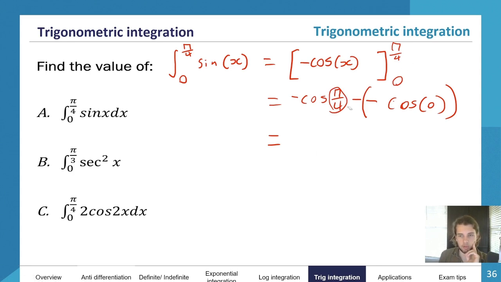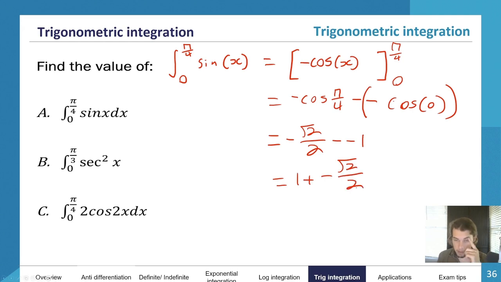We could use our sort of magic triangles if we wanted to. I believe that would be equal to something like this. Minus, which means plus 1. So we have 1 plus this here, unless I'm misremembering. I haven't done trigonometry in a while. So that should be our value there.